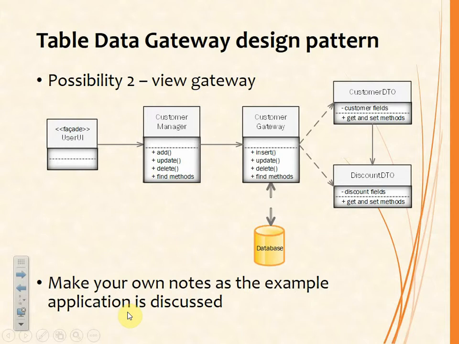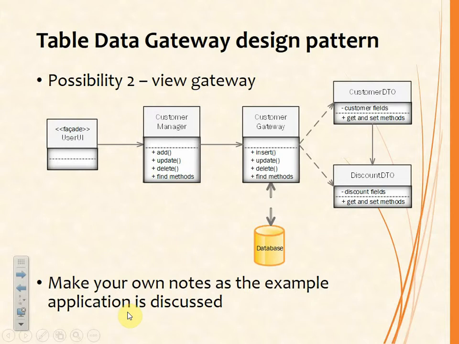So in the view approach to this gateway, we would have a customer gateway class, just one, that interacts with the database. We'll have a find method such as find customer by ID. We pass the customer ID in just like we did before, but this time the SQL for that will query not just the customer table but also the discount table using a join to extract the discount information at the same time.